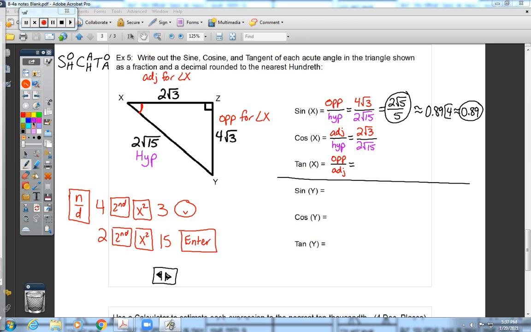It should print out the reduced answer, which is the square root of 5 divided by 5. Then we hit our convert button to get the decimal, 0.447, which means we're going to round it to 0.45.